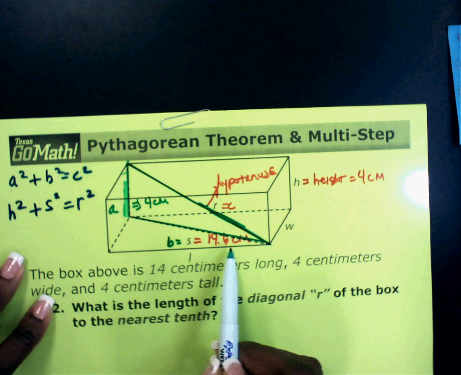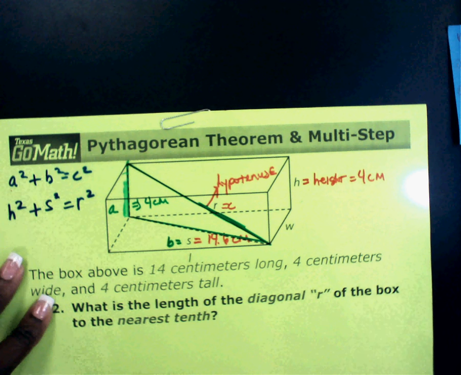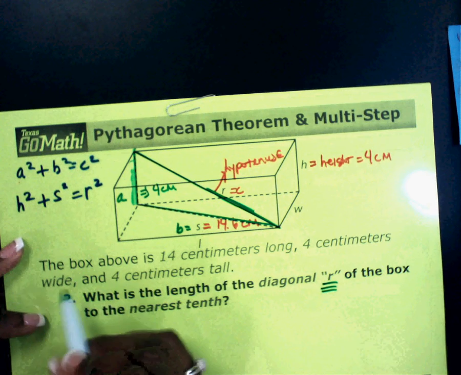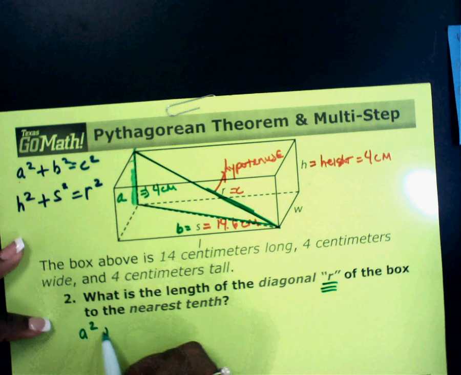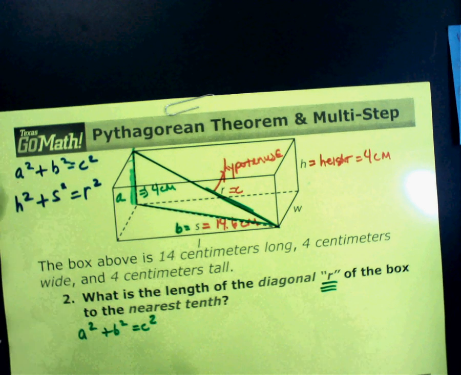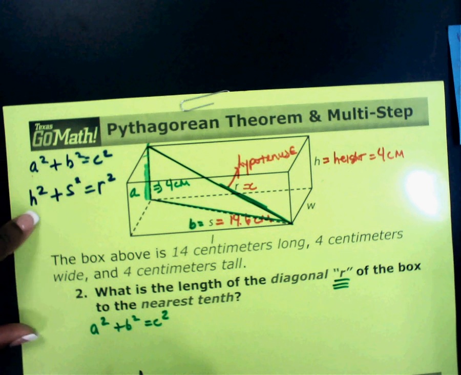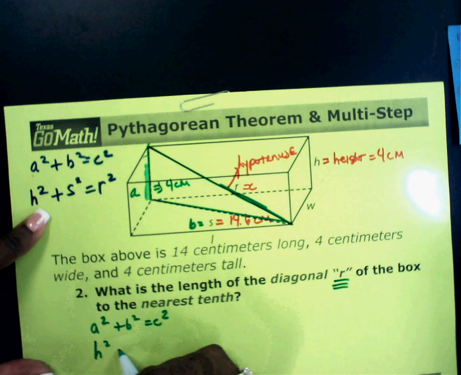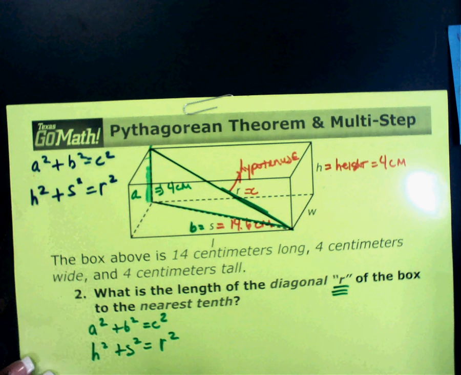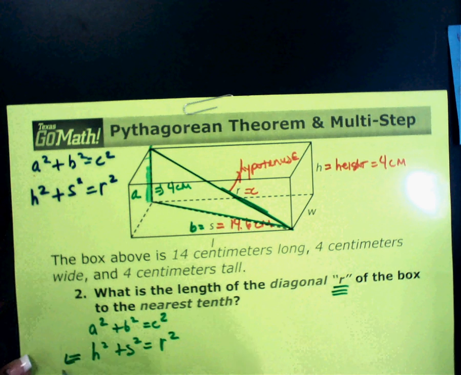So now we can solve for our R. Again, our Pythagorean theorem is a squared plus b squared equals c squared. The variables we're going to be using for this second part of the multi-step problem are h squared plus s squared equals r squared. So this is for step two.